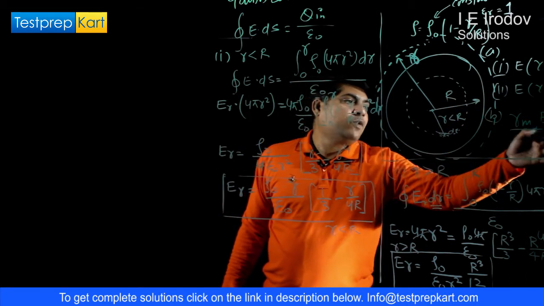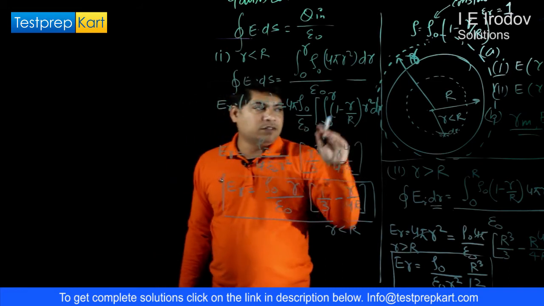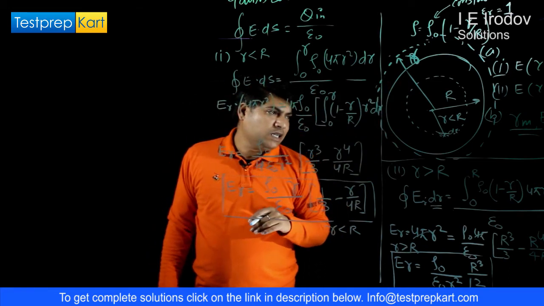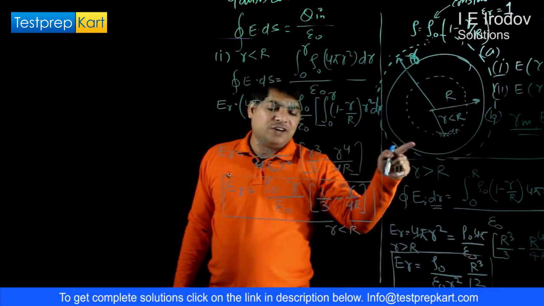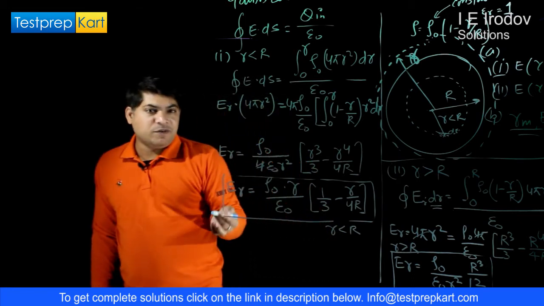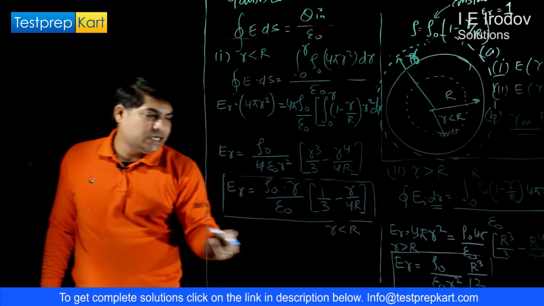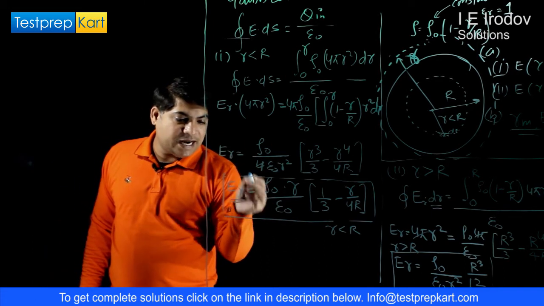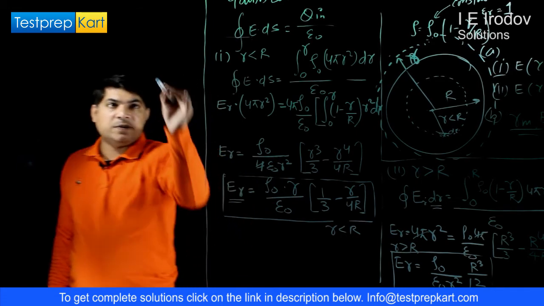Next part is: what is the maximum electric field inside this sphere, because after this it changes as r increases, and what is the value of Rm for that. Whenever we want to find the maxima of any function which is changing with a certain variable, we need to check that point by taking the first differentiation of the expression.